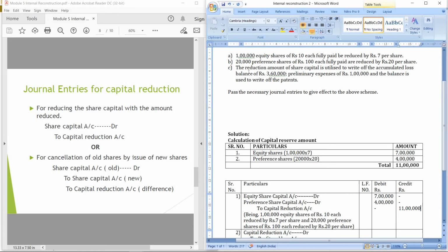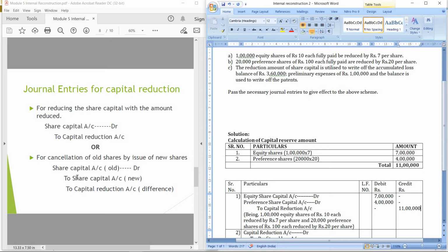Now the entry for the third adjustment, let us see. The reduction amount of share capital is utilized to write off accumulated loss balance of rupees 3,60,000, preliminary expenses of 1 lakh, and the balance is used to write off patents. Now we have to pass the entry for utilization of capital reduction amount.